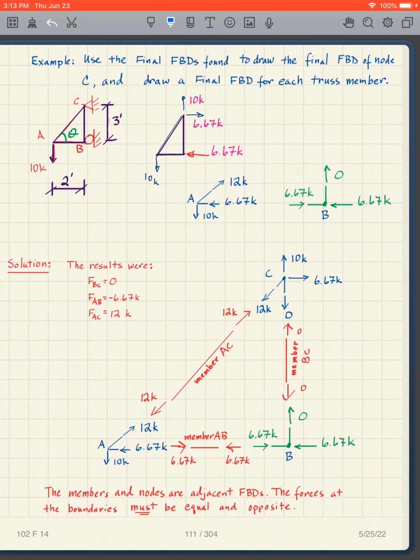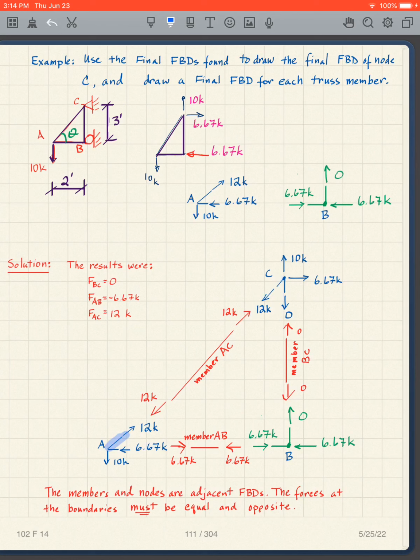If it's 12 kips at the node in tension, these have to be equal and opposite, because I have adjacent free body diagrams. I have this free body diagram at the node, but it shows part of the member, and I have the same thing here. It shows 12 kips tension.